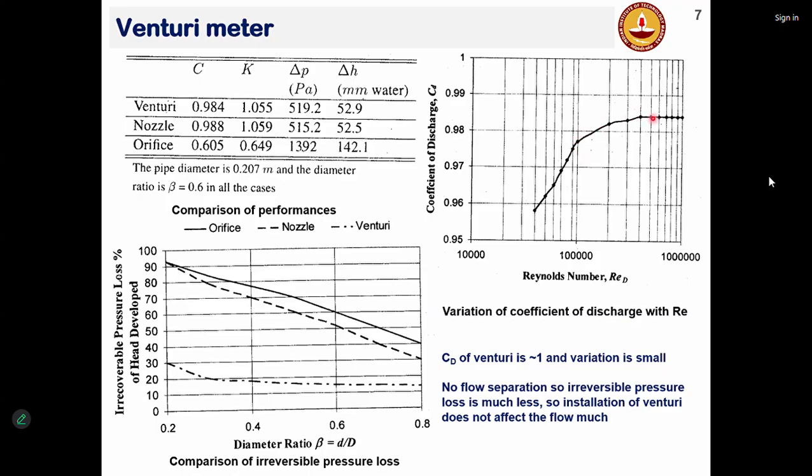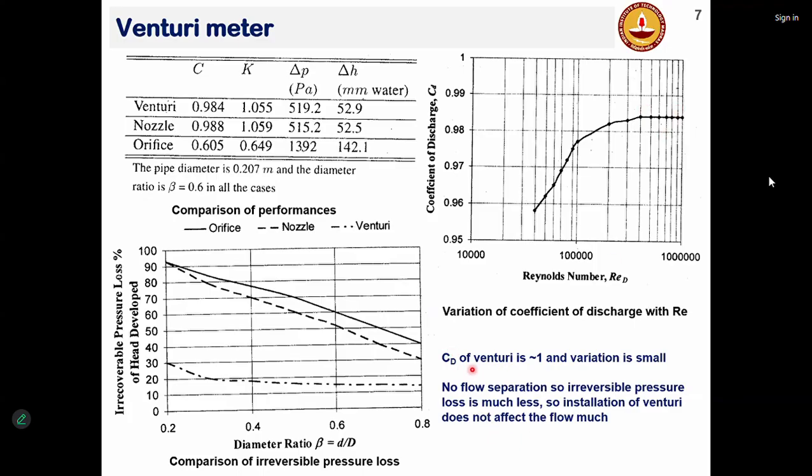But beyond a critical Reynolds number, you see that CD takes a constant value, which is independent of further increase in Reynolds number, where the skin friction coefficient and the delta P because of the cross-sectional area change take a steady value.